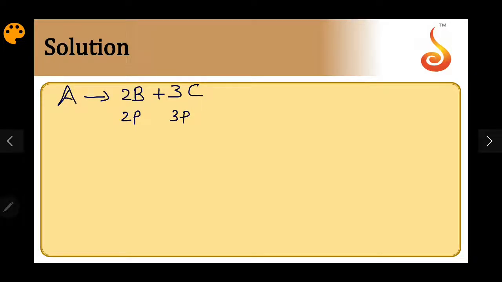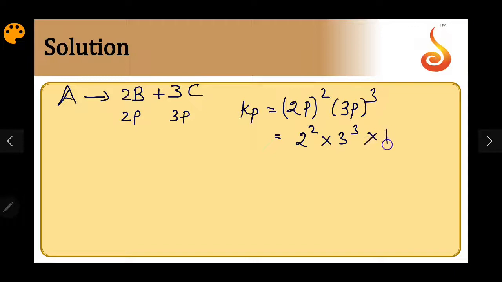So what is the Kp value? Kp is equal to (2P) to the power 2 times (3P) to the power 3, or I can write it as 2 squared into 3 cube into P to the power of 5. So that is the Kp value, which is not going to change.